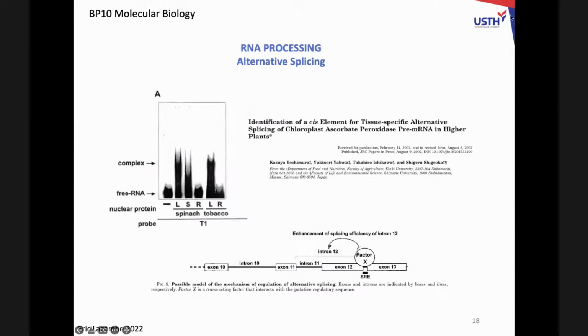So this is the real experiment. We are going to come back to this type of experiment later on for promoter studies. What they did is, are you familiar with the technology of electromobility shift assay, EMSA, gel shift?